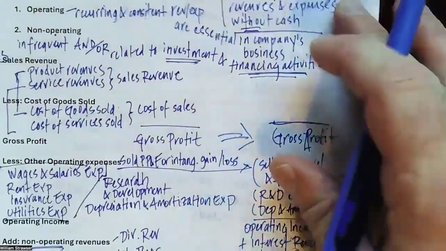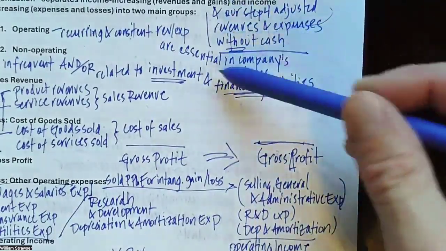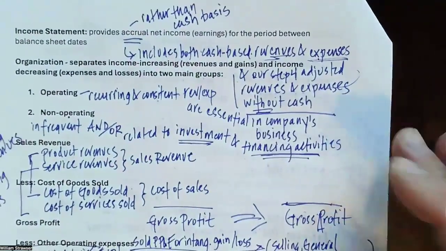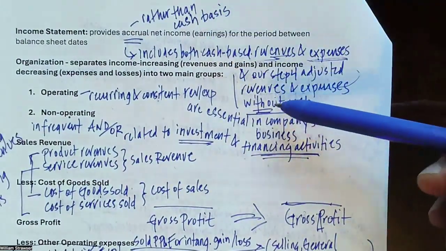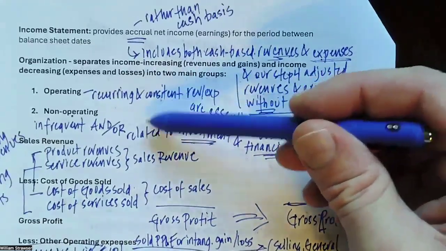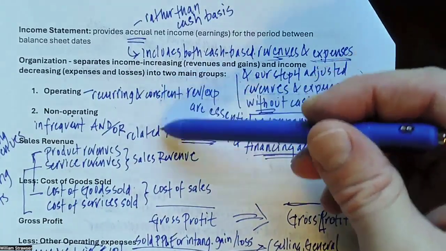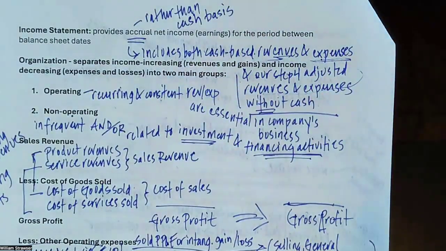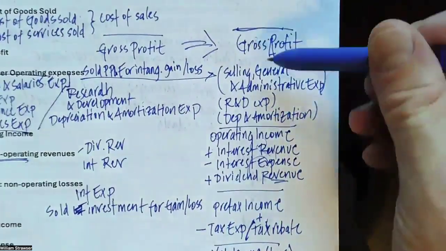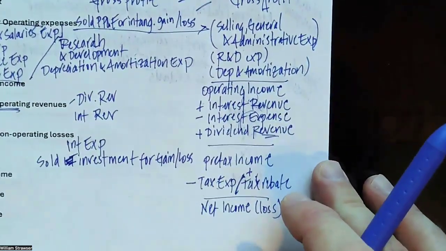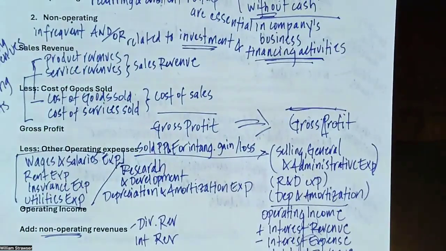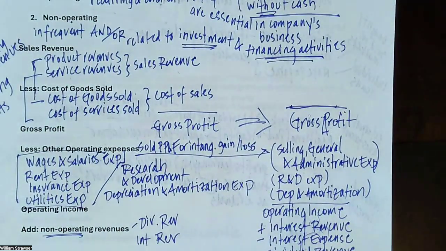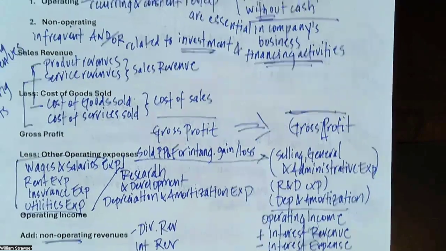For now, know what the income statement is, what it tells us, and how it distinguishes its formatting, how it separates revenues and expenses. Knowing the exact format would be a little bit beyond the first test, but knowing a little bit about it and using it as a map to figure out what goes where would be very useful.